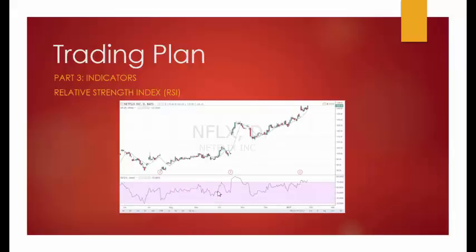We also see that there is strong strength in this move, a pullback, and then an even stronger move to the upside. What you can see over here is the zone where people call it overbought or oversold. That's the same thing, but just on the downside. People say when things are oversold, they are coming down. Personally, I do not look at the RSI like that. I don't think that is the right translation when I see that happening.